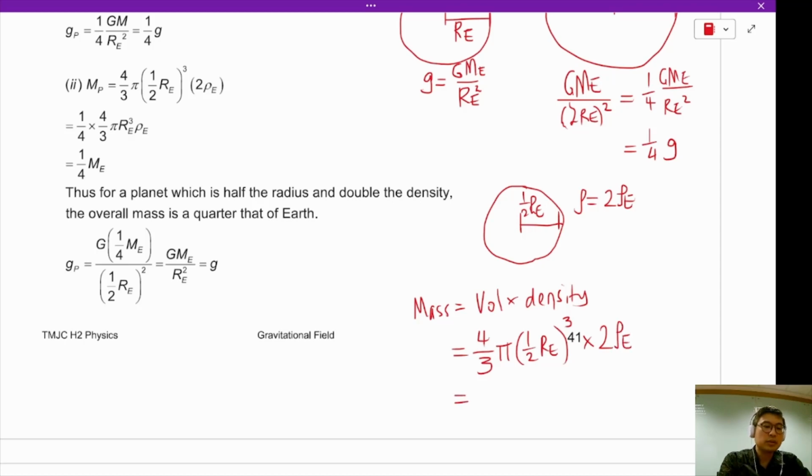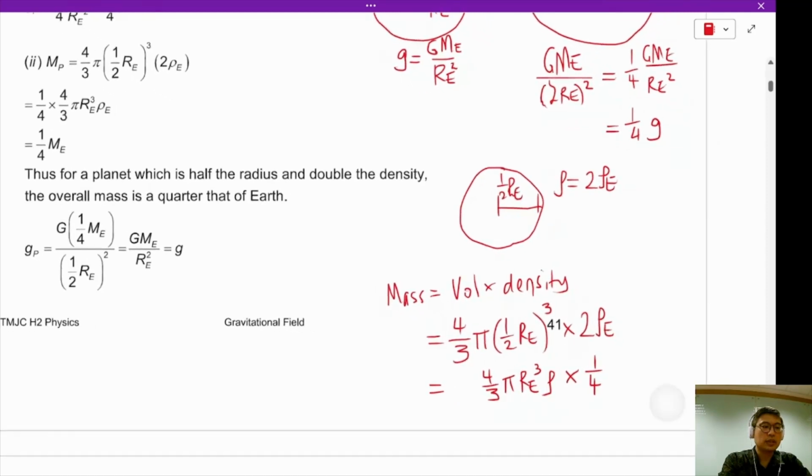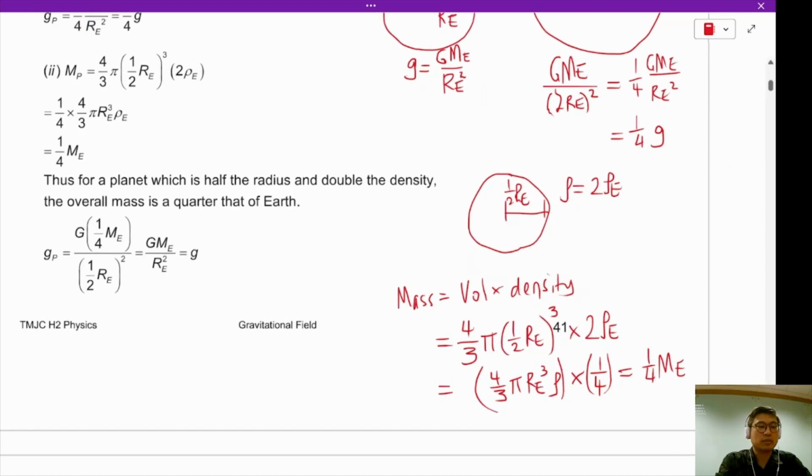Alright, so this will be 4/3 pi Re cubed times density, multiplied by 1/8 multiplied by 2. So that's 1/4. What this means is that the mass will be 1/4 the mass of the Earth.